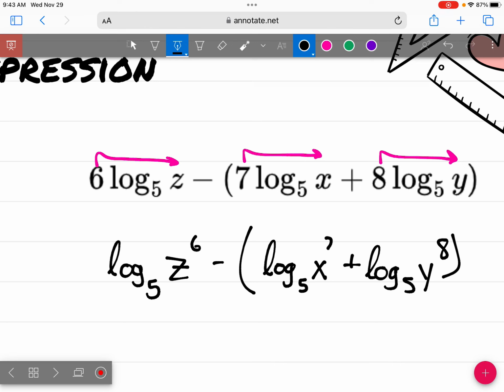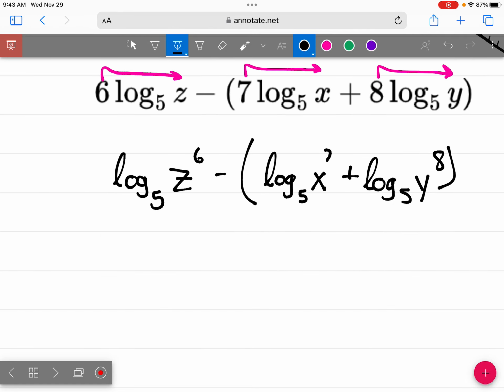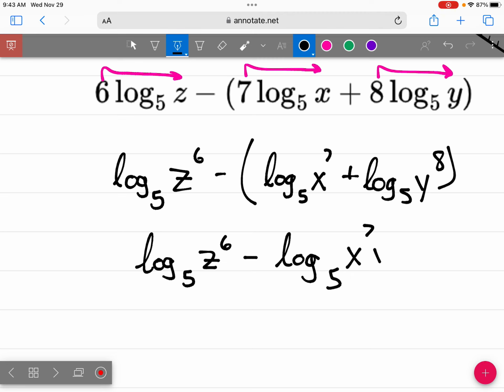Next, we have addition becoming multiplication. Log base 5 of z to the 6th minus log base 5 x to the 7th y to the 8th. Our addition becomes multiplication.